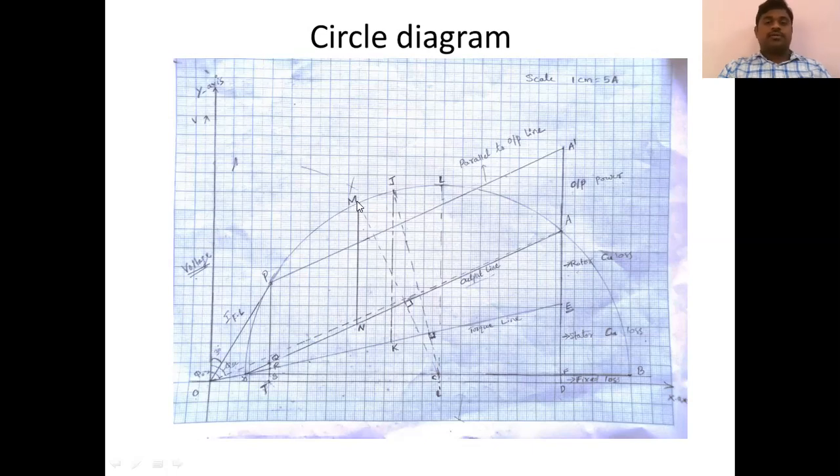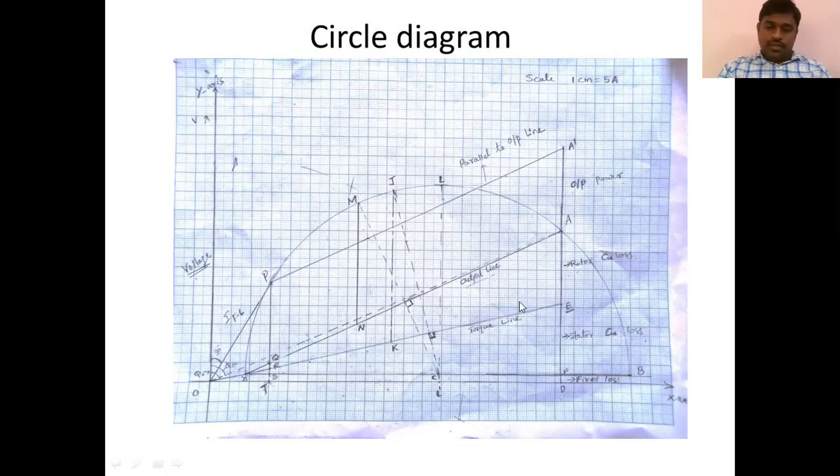It touches the circle at point M. From that point M, you have to draw a vertical line downwards up to the output line. The distance MN is called the maximum power. You have to measure this, multiply with the power scale, then you will get the maximum power output.